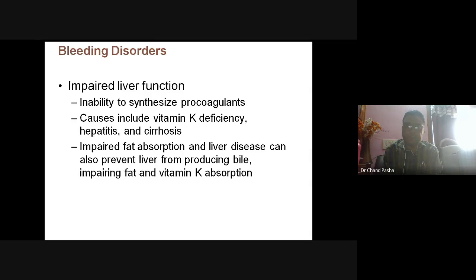So if there is K deficiency, hepatitis, or cirrhosis, in these cases also the factors are not produced, which impairs the clotting process. Impaired fat absorption and liver diseases can also prevent the liver from producing bile, impairing fat and vitamin K absorption.